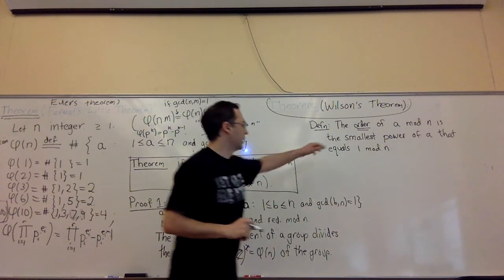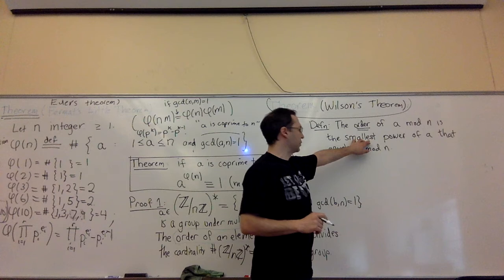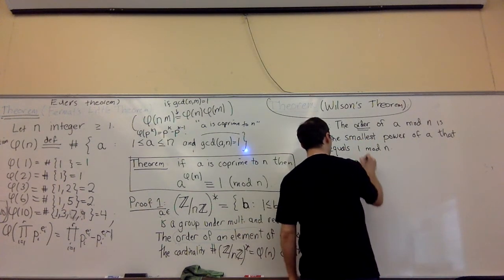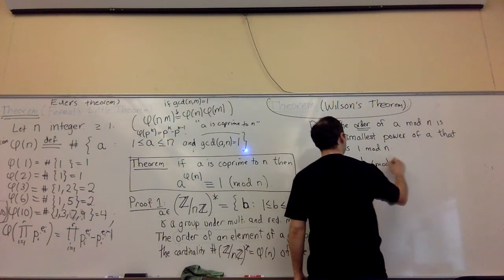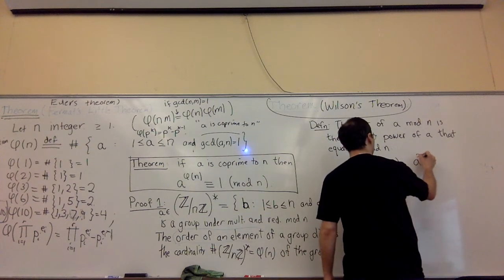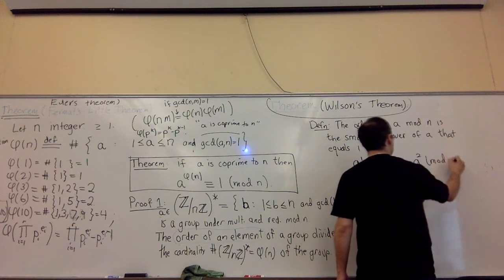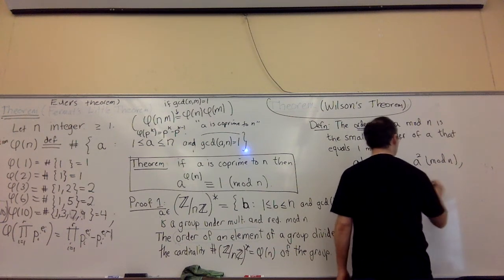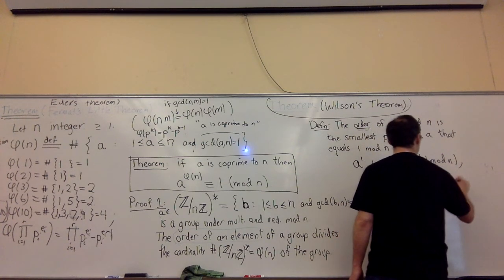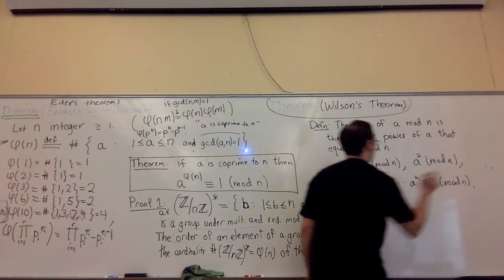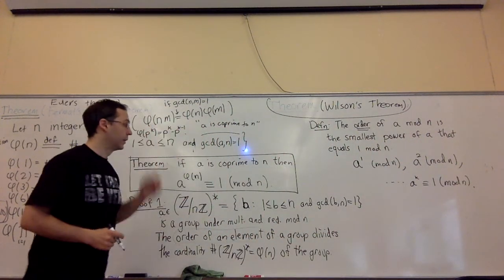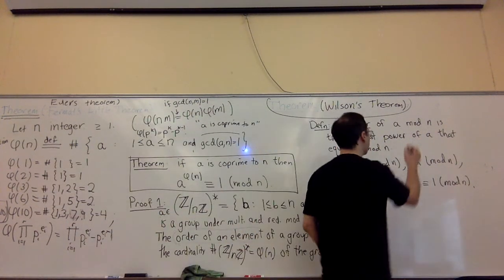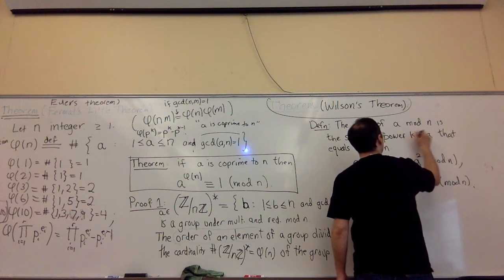When I say smallest, I mean greater than or equal to 1. So what you do is you consider a to the power of 1 mod n, you consider a to the power of 2 mod n, etc. And at some point, hopefully, you eventually get a to the power of k equal to 1 mod n. The smallest k for which this works is the order.